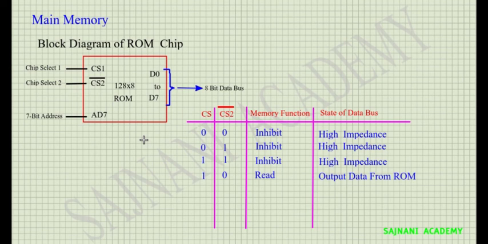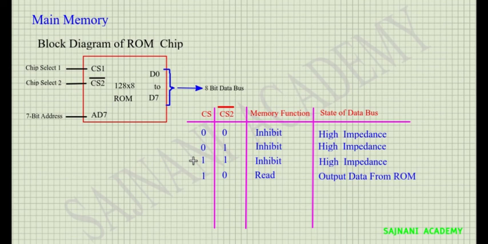That is what is shown by the function table of the ROM chip. We can see here that if chip select 1 is 0 and chip select 2 is 0, chip select 1 is 0 and chip select 2 complement is 1, or chip select 1 is 1 and chip select 2 complement is 1, in all these three conditions, which will not make this chip work, the state of the data bus will be high impedance.